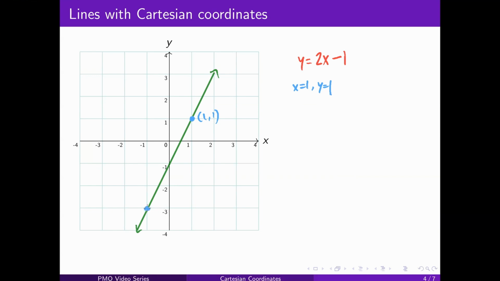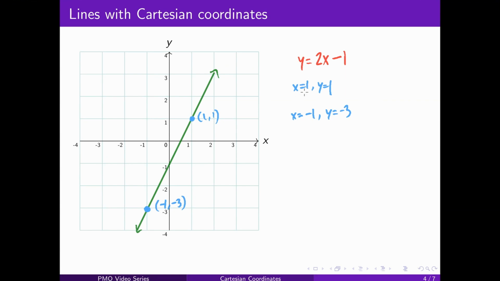Similarly, if you take this point over here, negative 1, negative 3, you will also find that if you substitute x equals negative 1 and y equals negative 3, it also satisfies the equation y equals 2x minus 1. Indeed, any value of x and y which satisfies the equation lies on the line. So the points of the line are represented by that equation, y equals 2x minus 1.